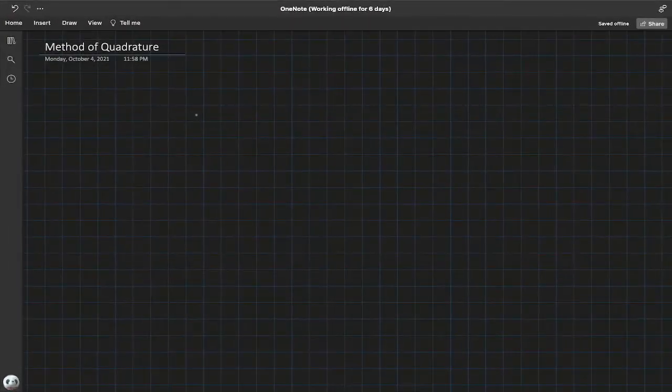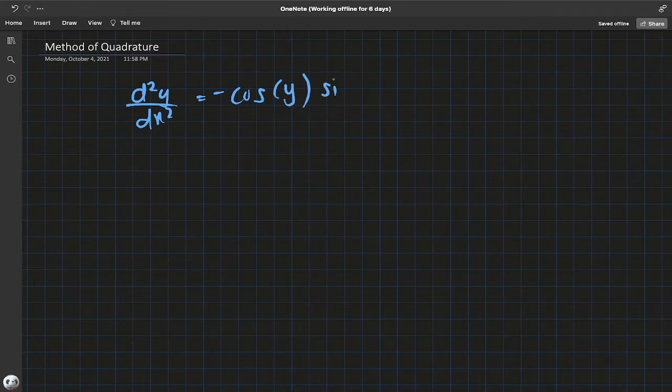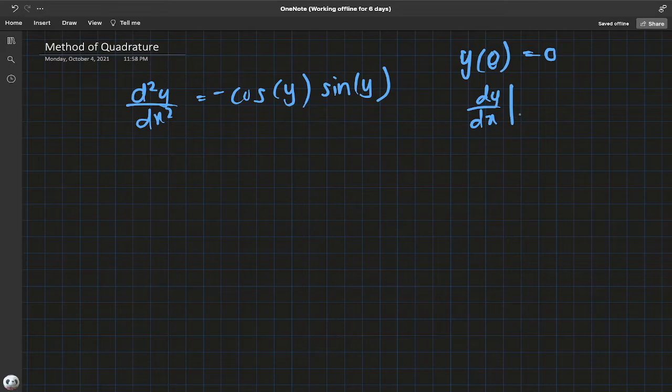So yeah, okay. Let me do one example, because examples are really important for us. So we have negative cosine of y, sine of y, with the initial conditions y of 0 is 0, and dy over dx at x equals 0 is, well, not 0 but 1.